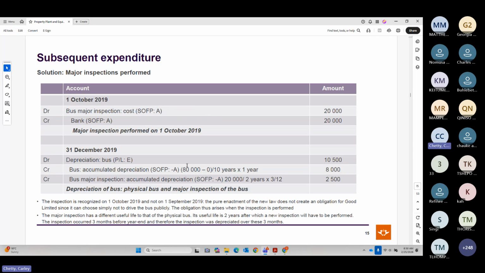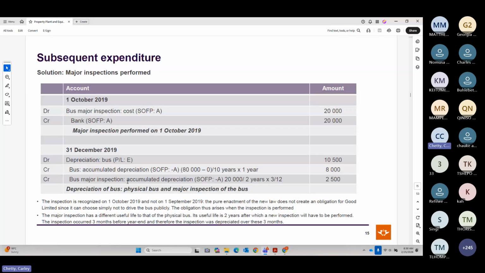So we're going to say 80,000 Rand, that is the value of the bus, minus the residual value of 0, divided by the useful life of 10 years, and we are depreciating the bus for the full year, because even though the inspection was performed part way, we own the bus for the full year. So we can multiply it by 1 year, and that will give us a bus accumulated depreciation of 8,000 Rand.